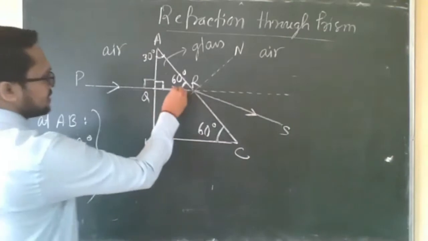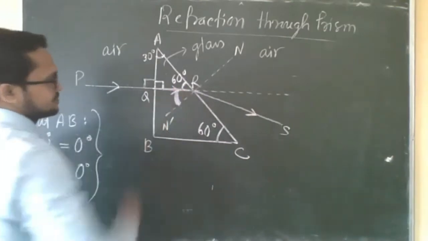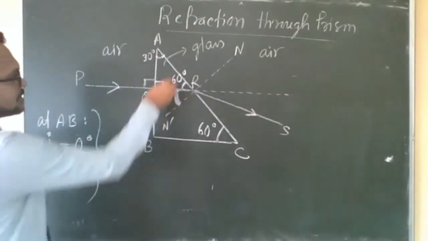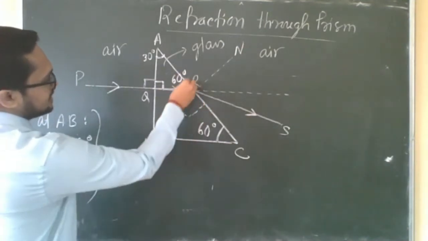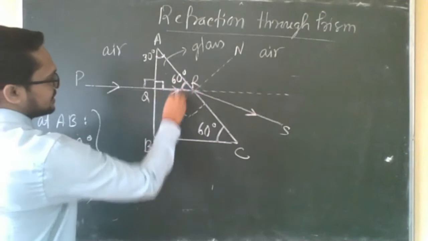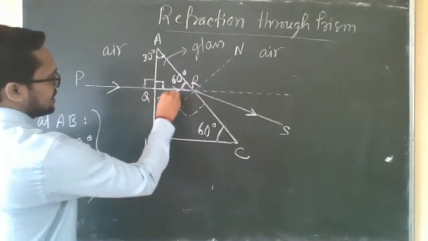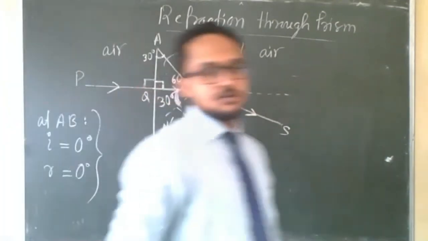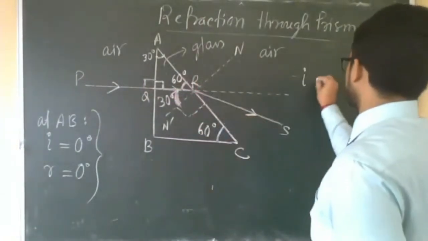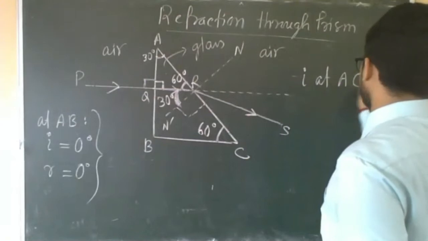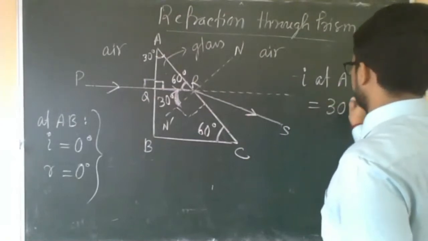This total angle is 90 with the normal. From 90, 60 is already here, so this angle is 30 degree. So what is the angle of incidence at surface AC? The angle of incidence at AC is equal to 30 degree.